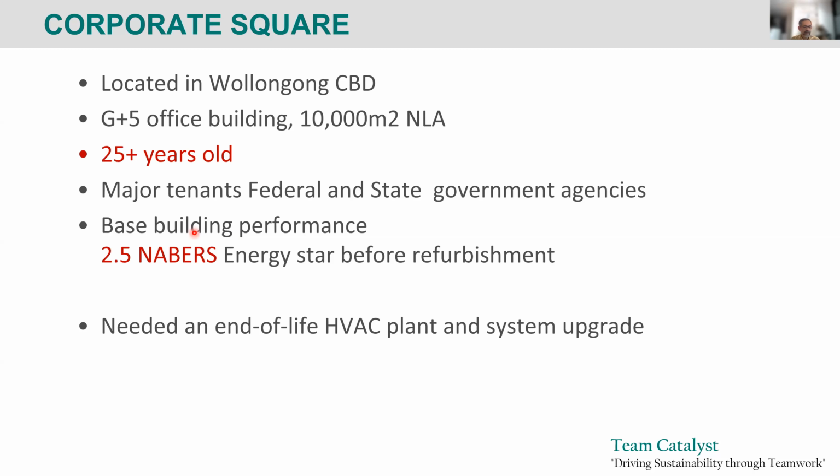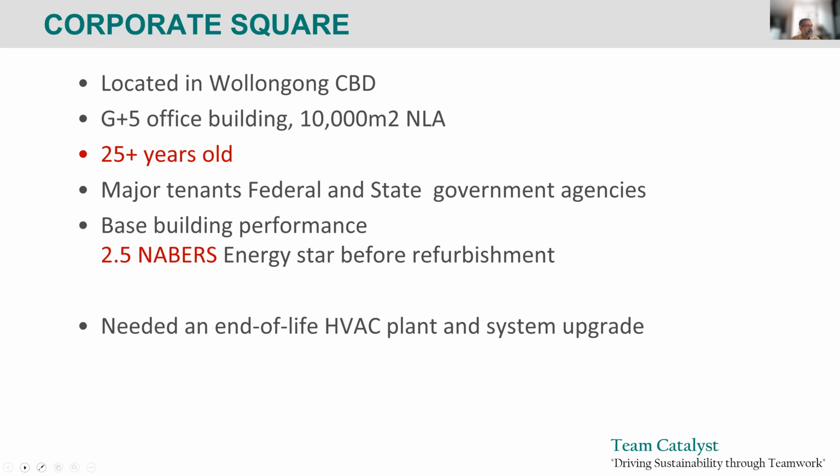It was sort of around the average of buildings that were operating around the 2000 time frame. And by the time you are 25 years old, your major HVAC plant is about ready to die, and there was a need for a complete upgrade of the plant.